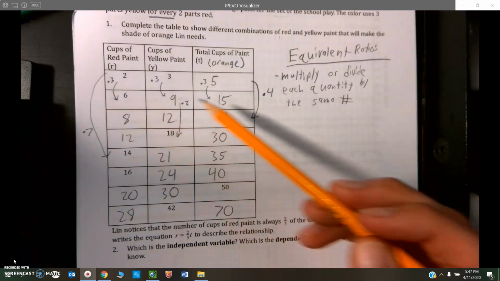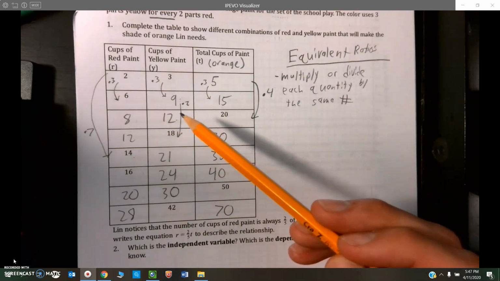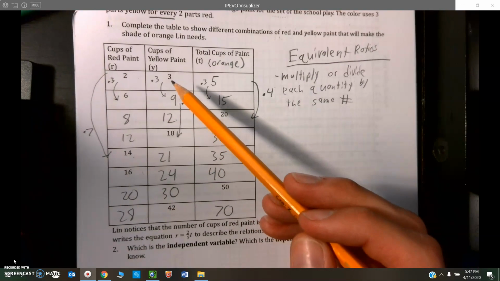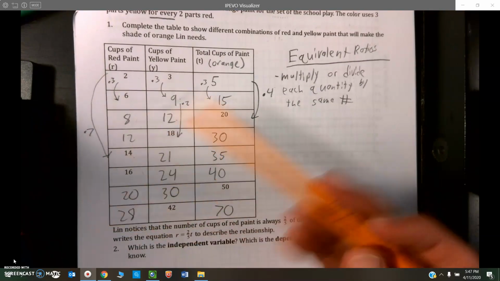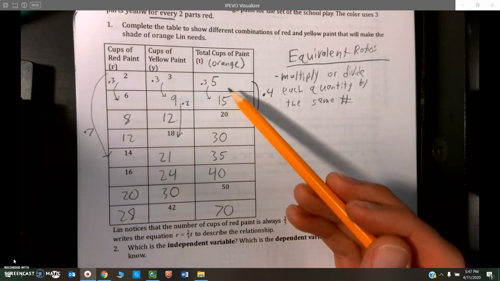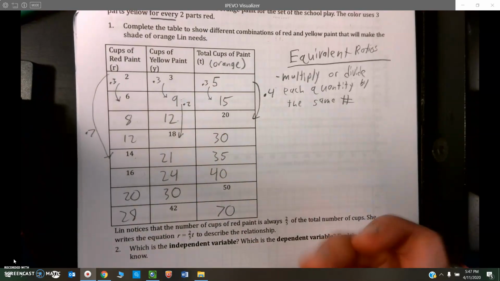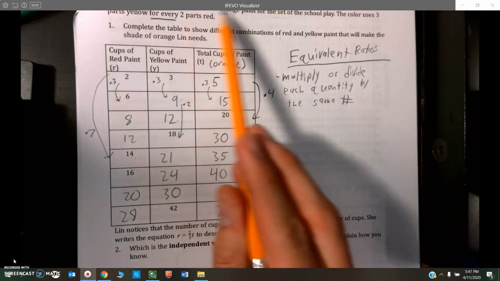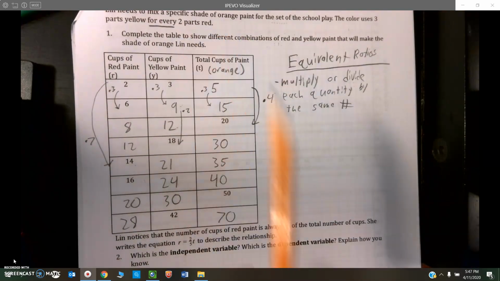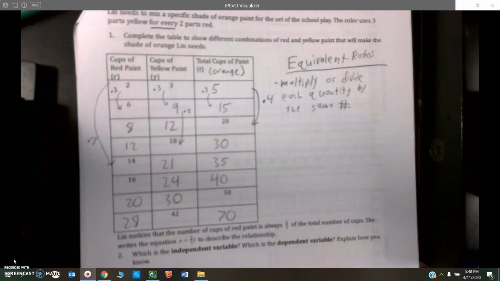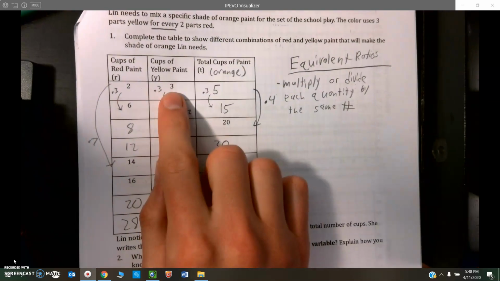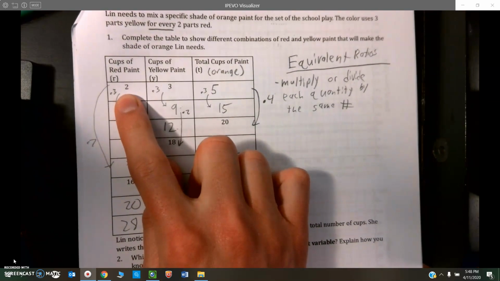Because if we didn't multiply them all by the same number, let's say I multiplied the yellow by 3 but only multiplied the red by 2, then it would still probably make an orange, but the orange would be much more yellow than red. So if I want to make this specific shade of orange that is talked about in the instructions, you need to make sure that whatever you do to the yellow, you also do to the red.